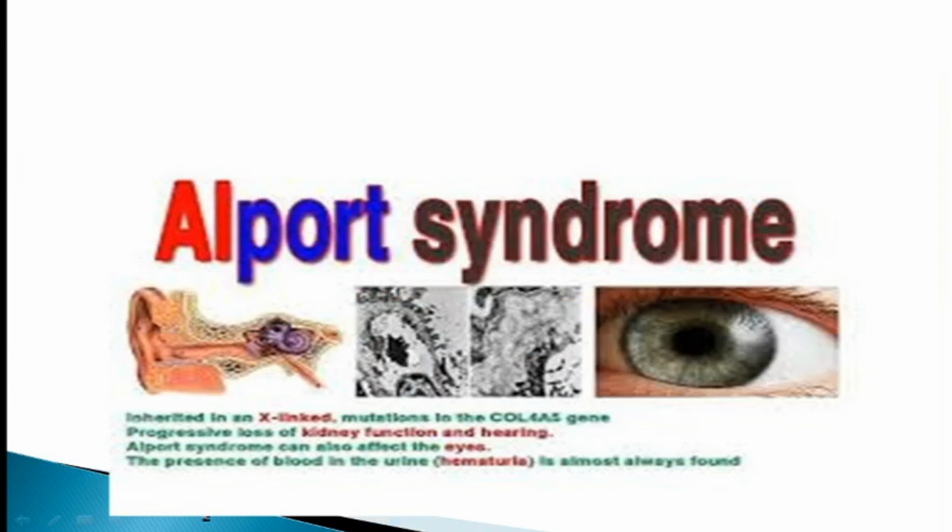It is characterized by kidney disease and associated with abnormalities in the eye, basically cataracts, and hearing disability. So a syndrome of sensorineural hearing loss, eye symptoms and renal symptoms defines Alport syndrome.